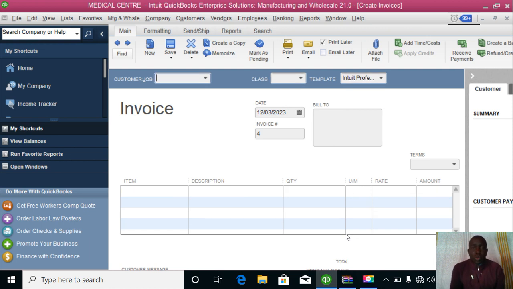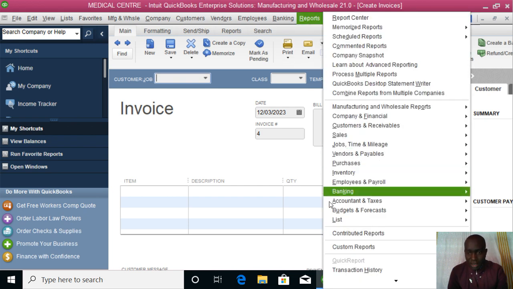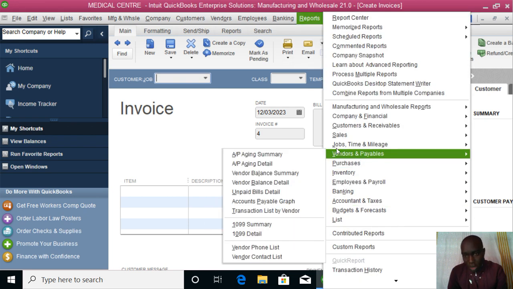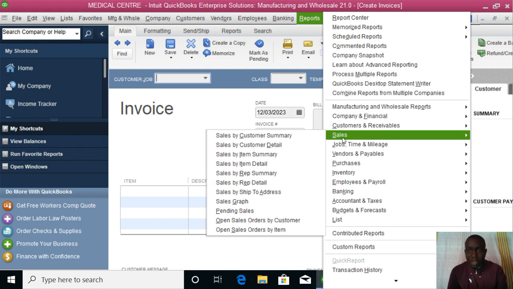Now I'm going to the report. I want to see the performance report, and this one is also for management alone because the system has different passwords and everyone has access to what they are only concerned about. So I will go to the sales report, sales by item summary.